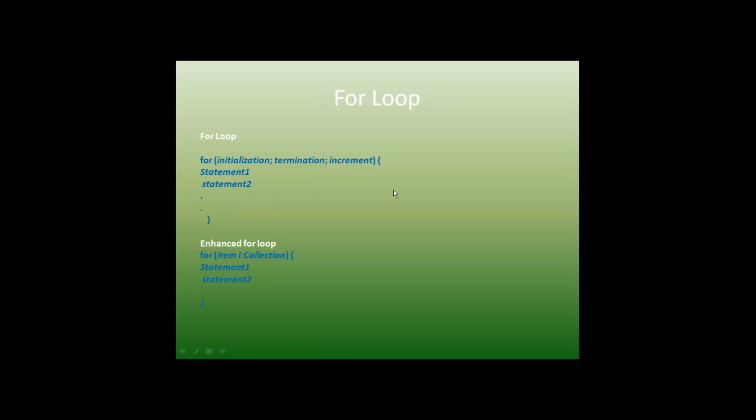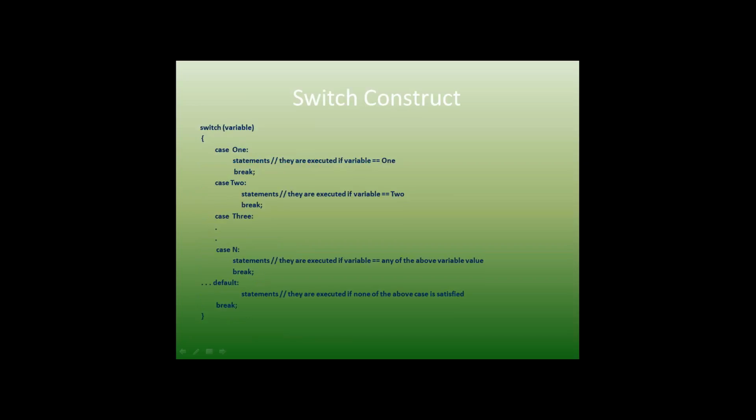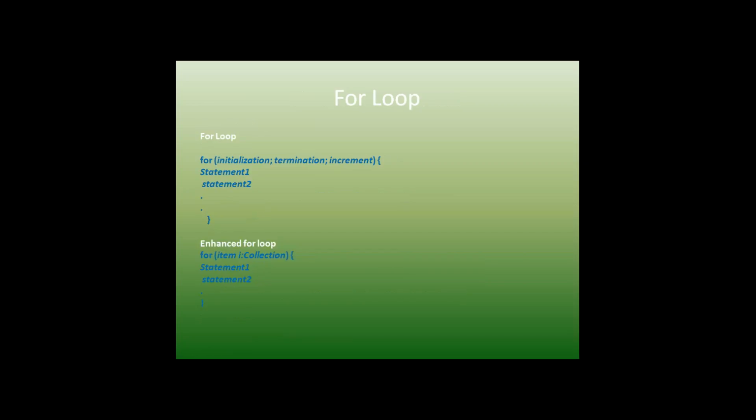The next one is the for loop. I'm going to send you this PPT, so maybe you can have a reference. The for loop works like this: we define a for loop with three expressions in it.